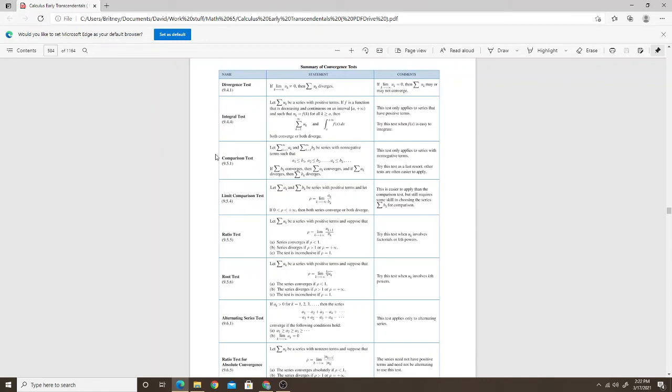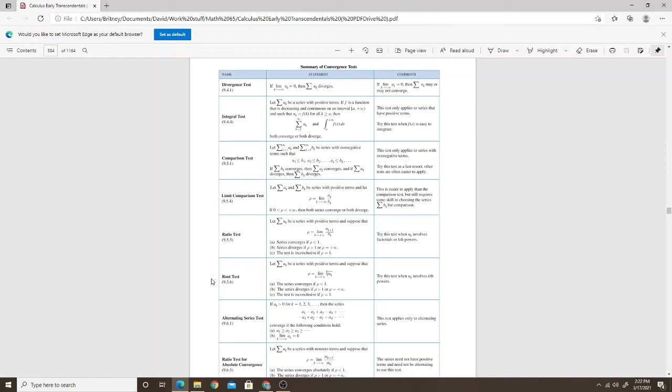In this section, I gave you an example of each of those as a review. The integral test, I didn't give an example of today, but we saw a few examples at the beginning of the chapter. This is the one that says if the integral converges, then the series converges, and vice versa, right?